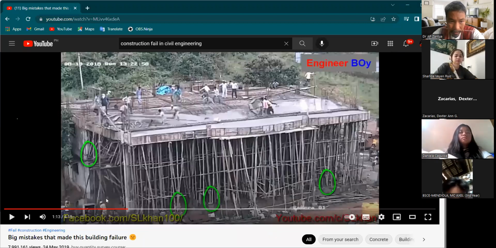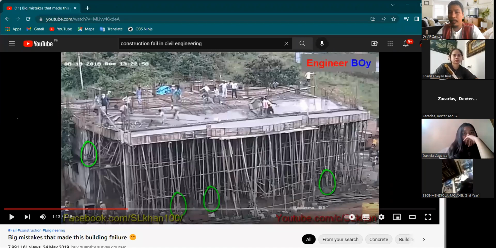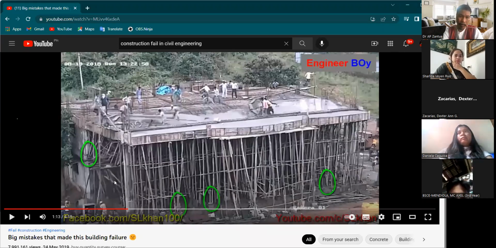Taking for consideration the height of the construction worker here. So the height of the construction worker is about what? 1.7. I am 1.7 meters. My height is 1.7 meters. So less than 2 meters. So if this is 1.5 meters, 3 meters, actually this is more than 5. This is about 7 meters high.